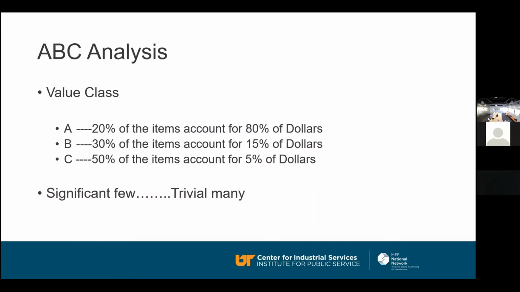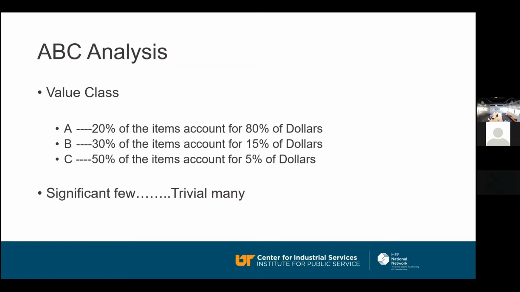So we're going to do a little ABC analysis on this. Whenever you look at inventory, it's hard to have that conversation without ABC analysis, but you're looking at the principle that 20% of your items are going to account for 80% of your dollars. Okay, so that's a significant few. You've got your B items, where the next 30% of the items account for about 15% of the dollars.